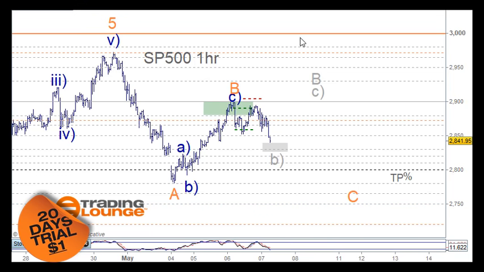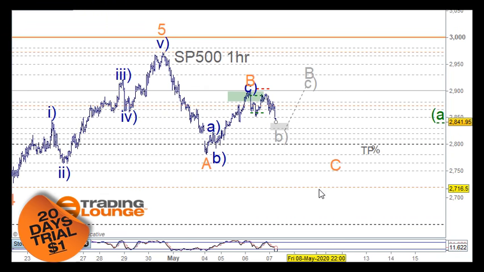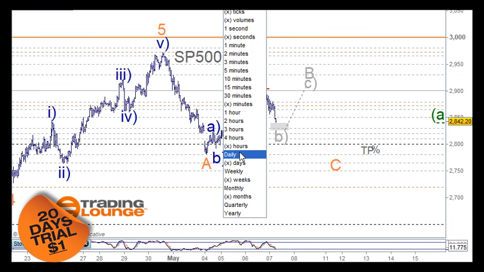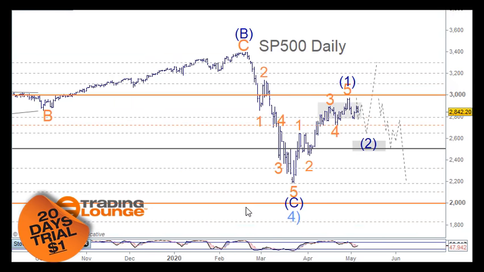So it is possible for the market to come to this point here and have another 5 waves up here as a larger A, B, C. It's possible, but I don't think it's the primary count, because if I can just come back to the daily chart here, when you're in a wave 2, from 1 to 2, it's normally very swift and sharp.